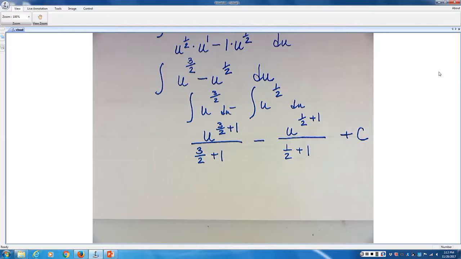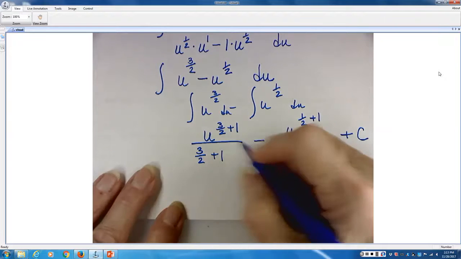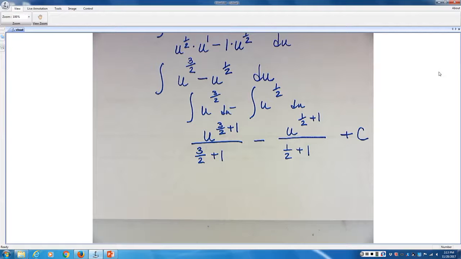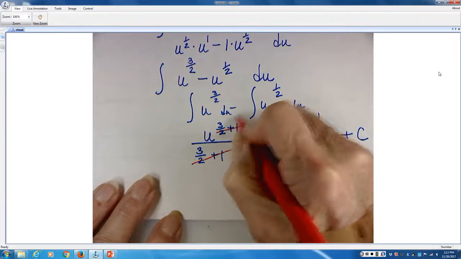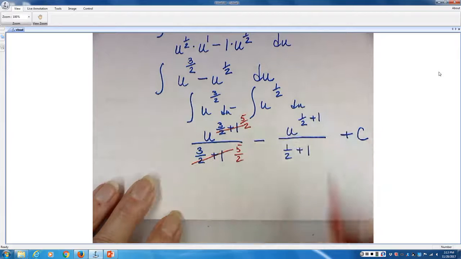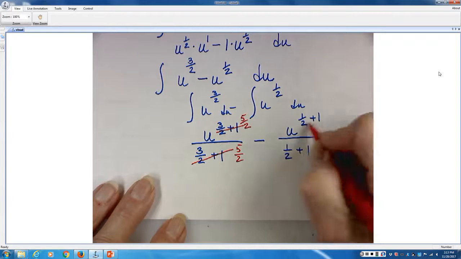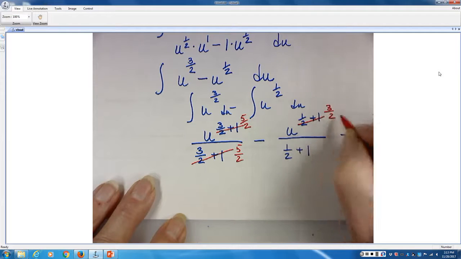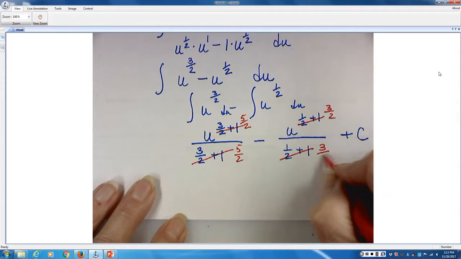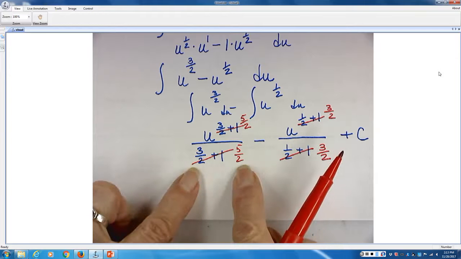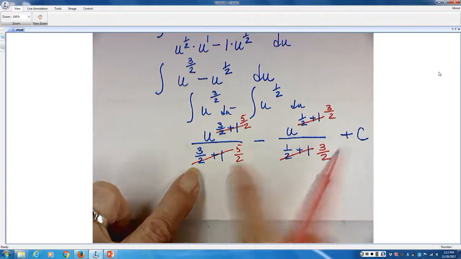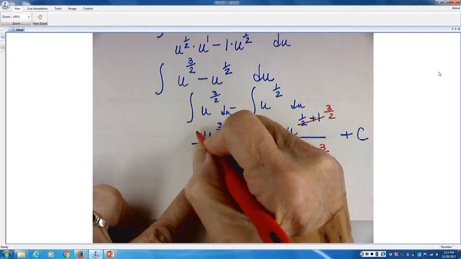So 3/2 plus 1 is, 3/2 plus 2/2 is 5/2. And 1/2 plus 1, 1/2 plus 2/2 is 3/2. And since we're dividing, rather than divide by 5/2, we're going to multiply by 2/5.